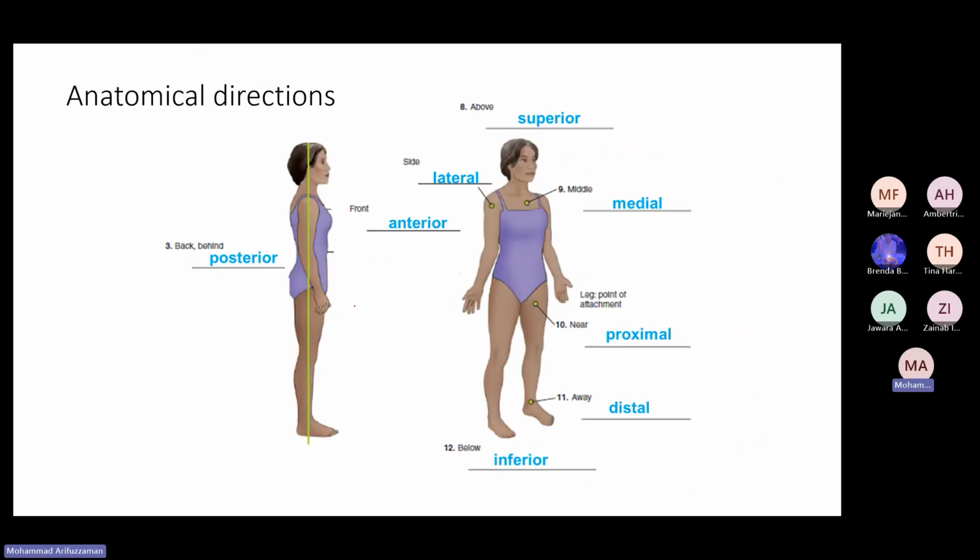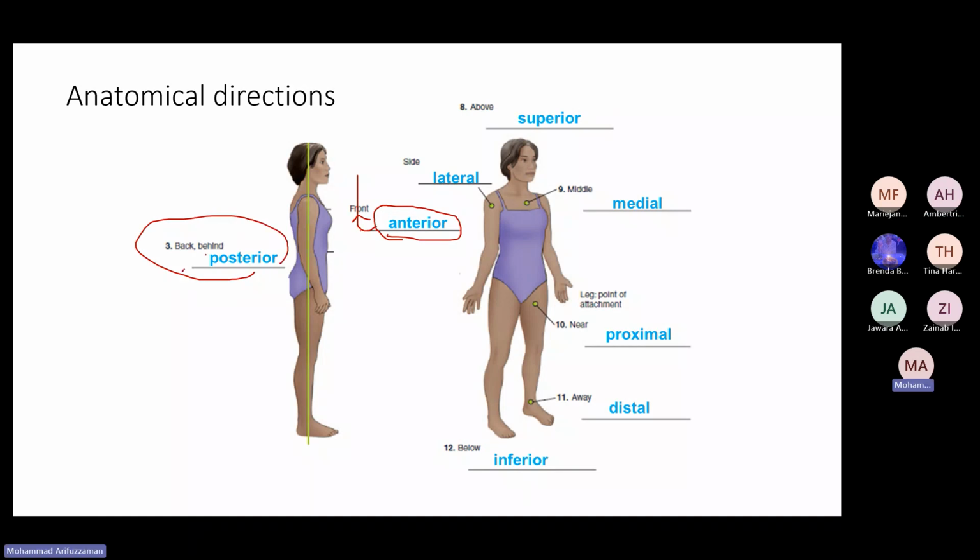Now, the anatomical directions. When describing any anatomic structures in the head and trunk of the body, the following terms are used. Anterior means front. Posterior means behind or back.